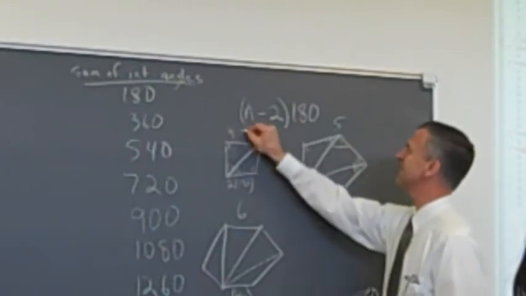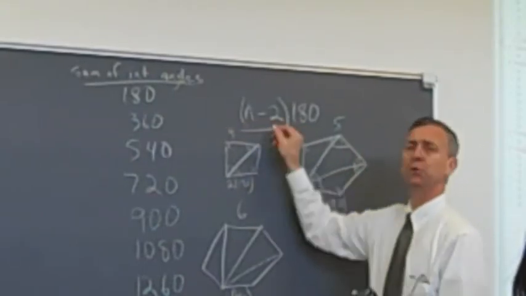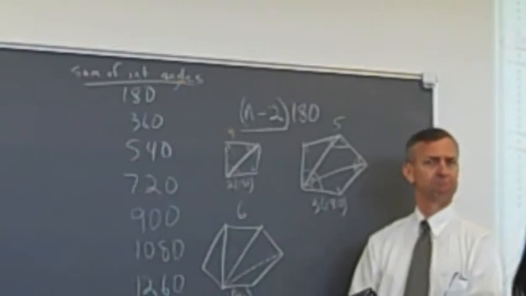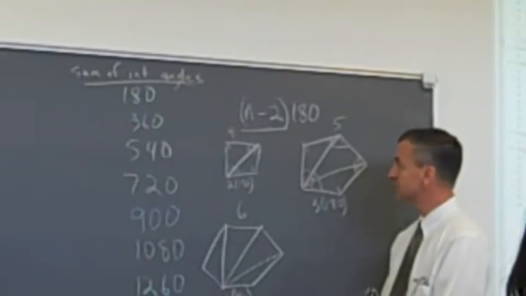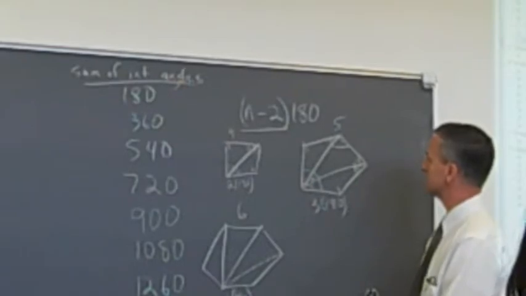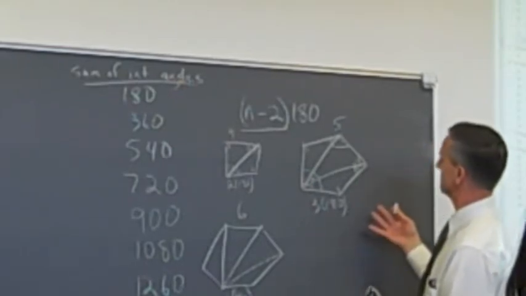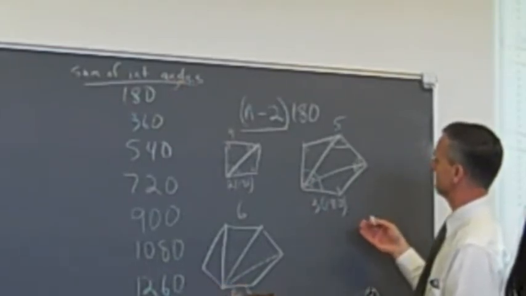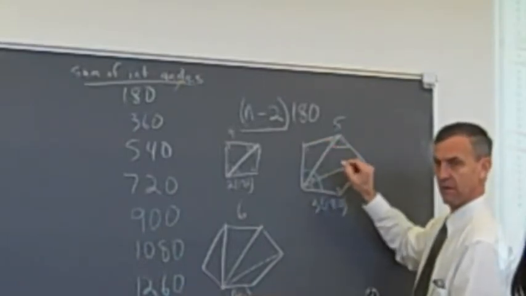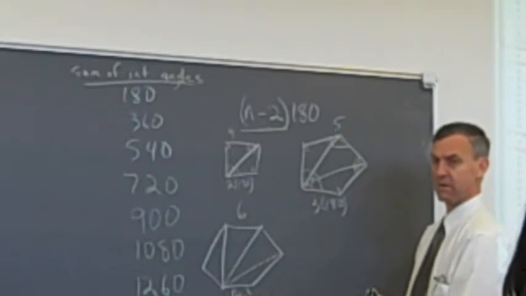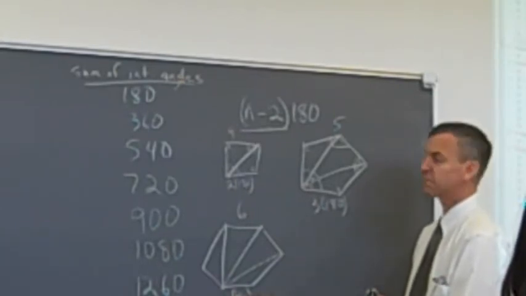So what does this n minus 2 stand for here? There's always 2 angles that you aren't counting. Like 2 and 8, like on the 5-sided one. Because one line doesn't make an angle. You have to have 2 lines to make an angle. Does that make any sense?